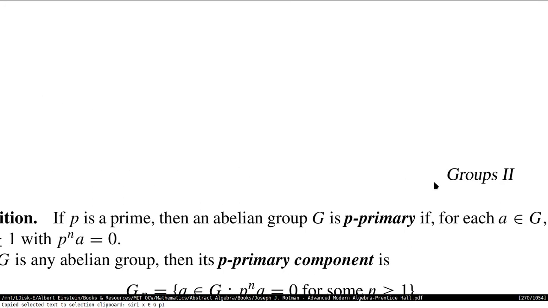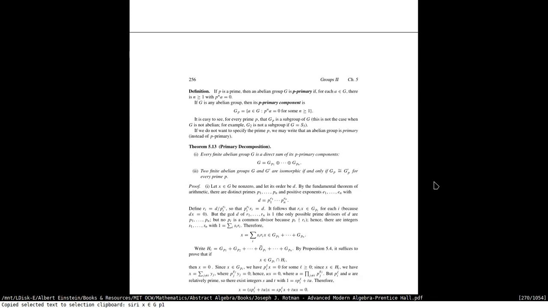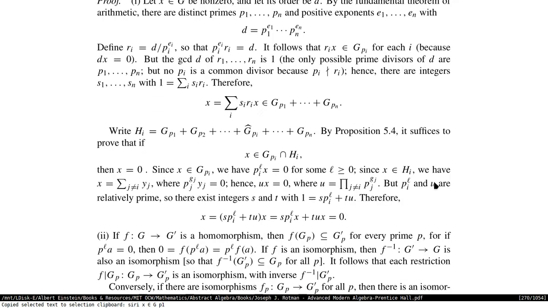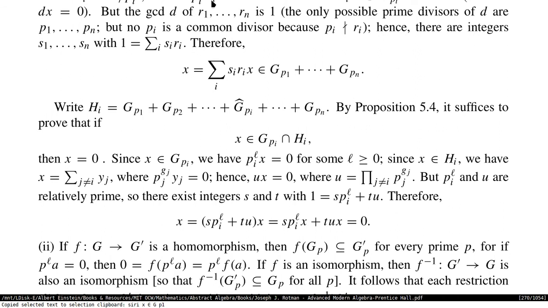So here you have something similar. When you take GPI, GPI is excluded from this sum, so you take the intersection of this whole thing. Then if there is anything in this intersection, it has to be 0, right? So if x is in this intersection, then x has to be 0, right? Okay.